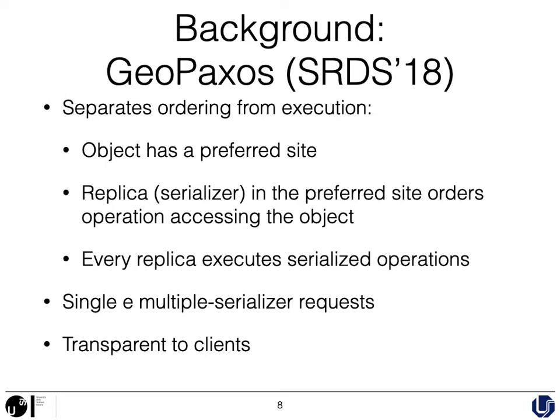Each object has a preferred site, and the replica in the preferred site of this object is the one that orders operations related to that object. Every replica still executes every operation, so we still have a fully replicated system. And we can have two kinds of requests, single and multiple serialized requests. I'll talk about that in the next slide. And all this dynamic is transparent to clients.